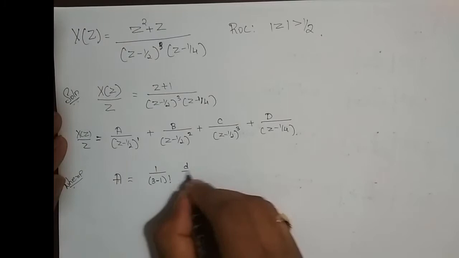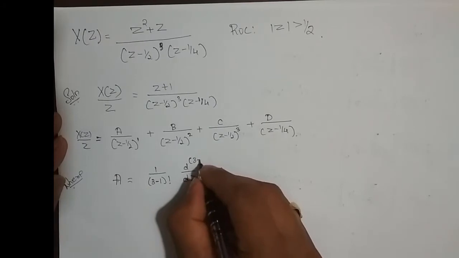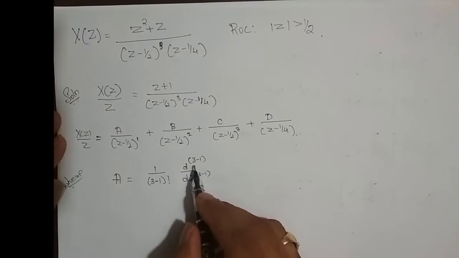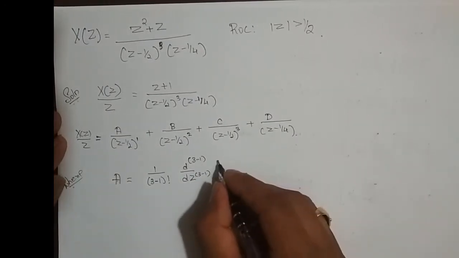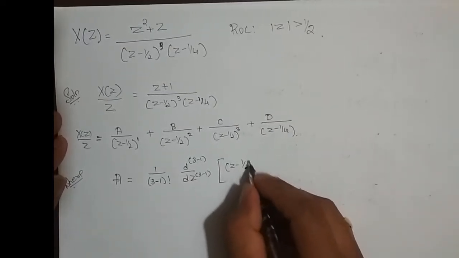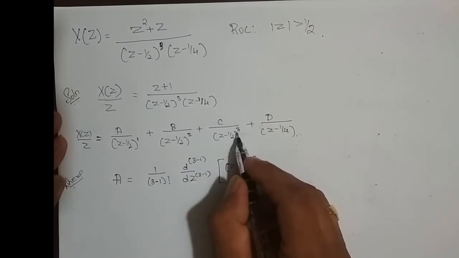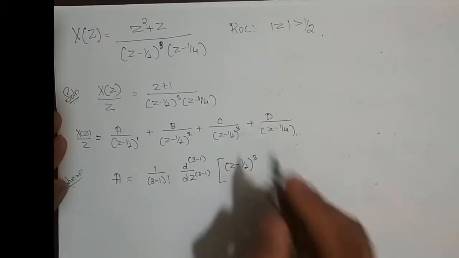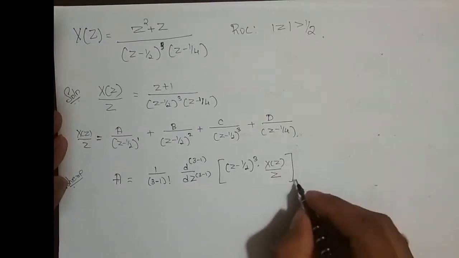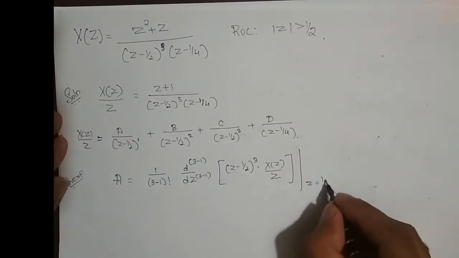So d by dz, I have to differentiate it 3 minus 1 times, since it is repeated 3 times, of z minus 1 by 2 whole cube, this factor with the maximum repeated power, which is 3, into X of z by z, at z equal to the value where this factor goes to 0, which is 1 by 2.